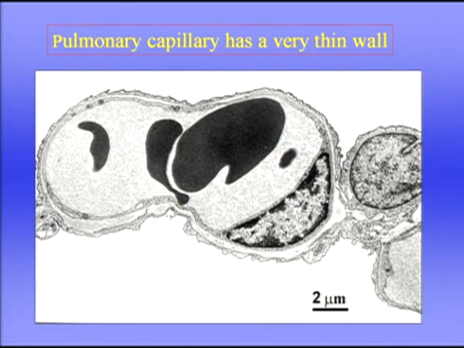Incidentally, we don't think that there's any stretch in the capillary wall because that's got some very tough tissue in it, which probably does not allow any stretching at all. But it certainly distends. It becomes more circular in cross-section, and that, of course, reduces its resistance.